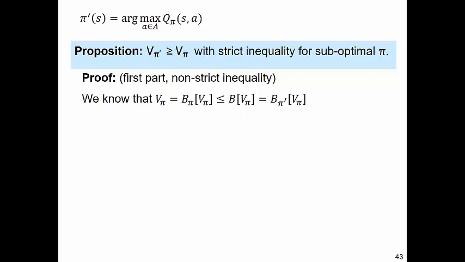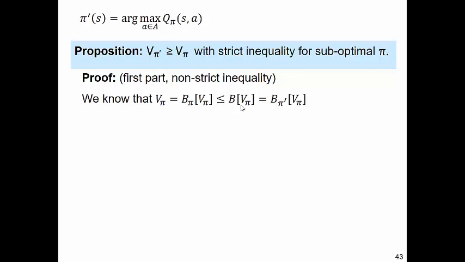Is it only backups that a contraction operator towards the optimal? Sort of, but there's an even more direct way of looking at this. So if we think of this as the restricted Bellman backup operator that only considers the actions of pi, and this is the one that considers all actions, is there a more direct argument?